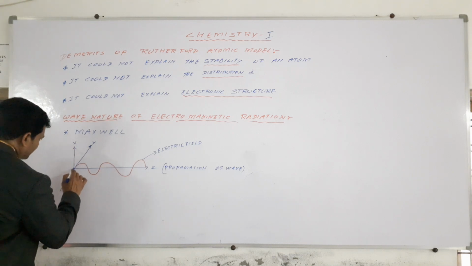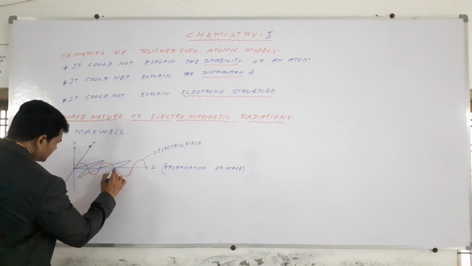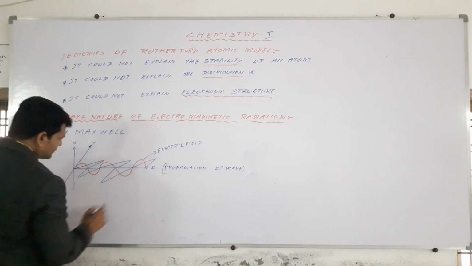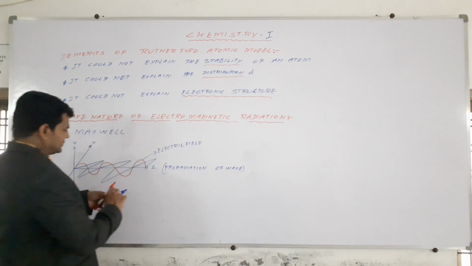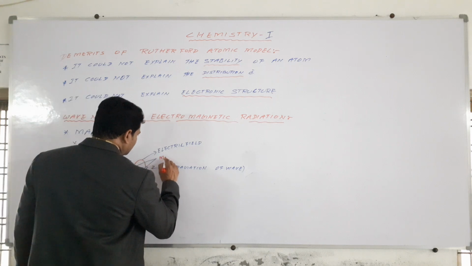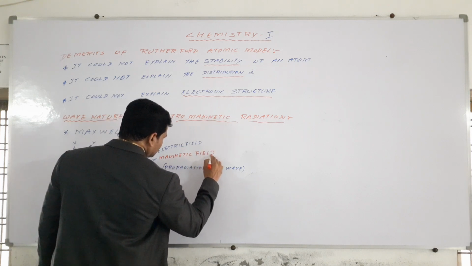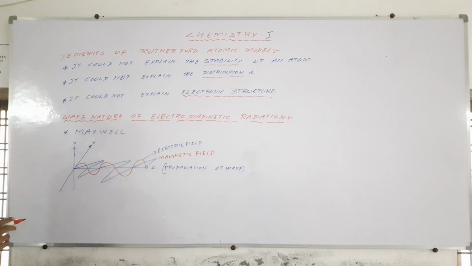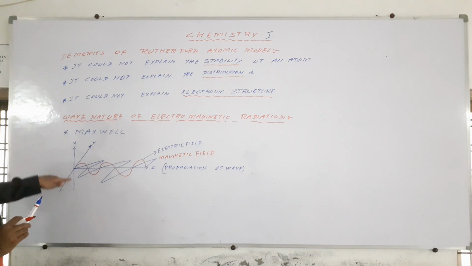On this Y it is the electric field. Now the magnetic field propagates like this. In this direction the wave propagates, in this direction the magnetic field, and in this direction the electric field.